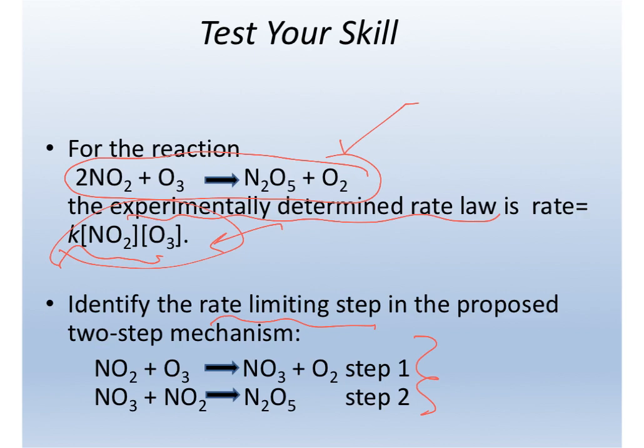You might be able to just glance and tell, but let me walk through it for those who might not be able to. What I do is write the rate law for each elementary step and see which one matches. The rate law for step 1 would look like this, and the rate law for step 2 would look like this.